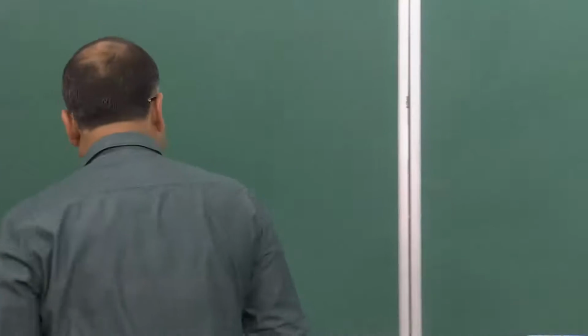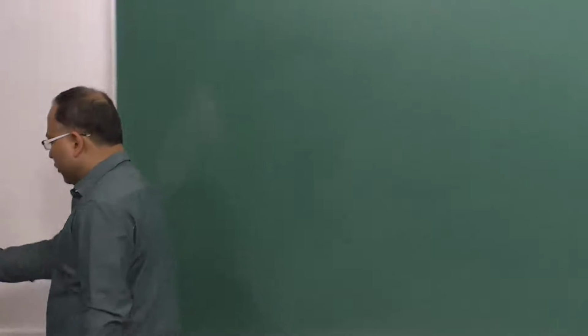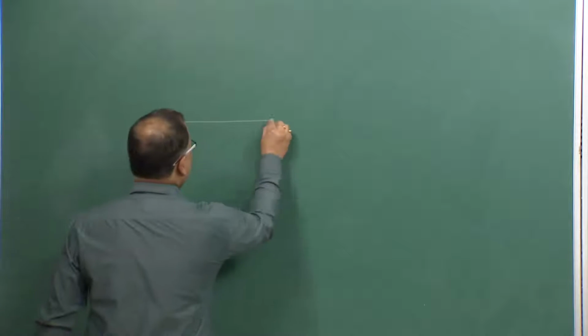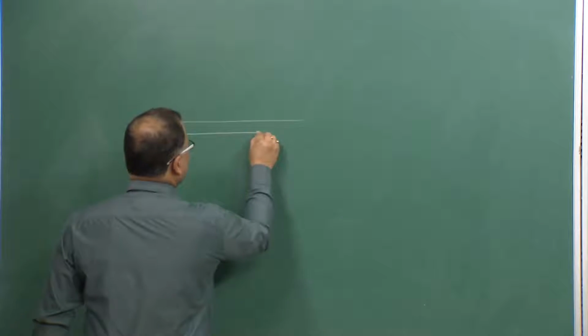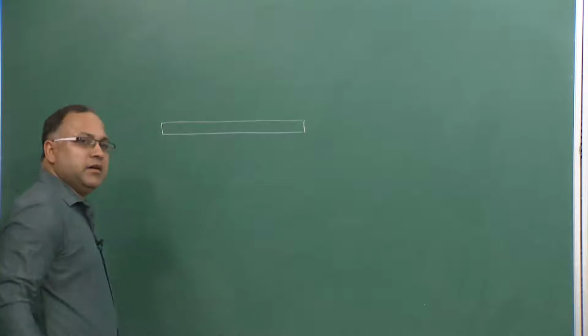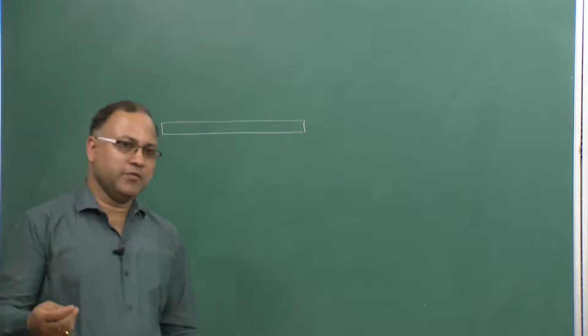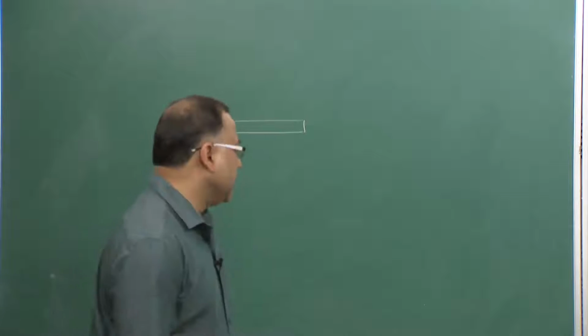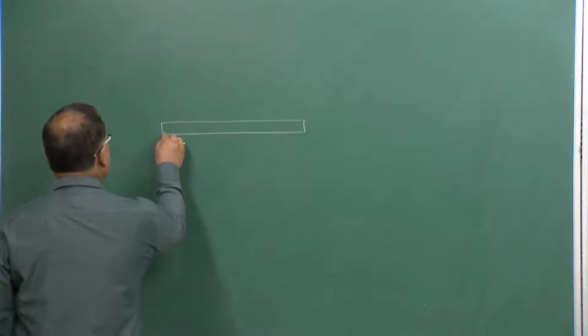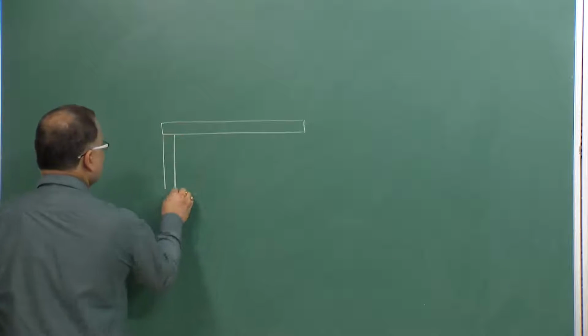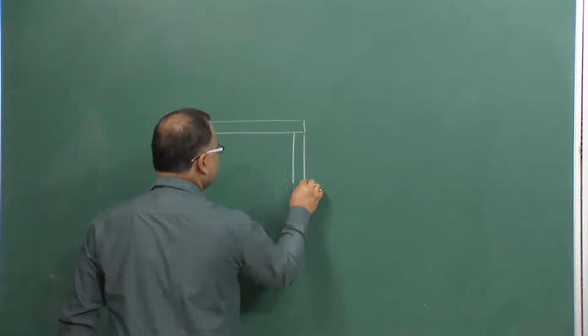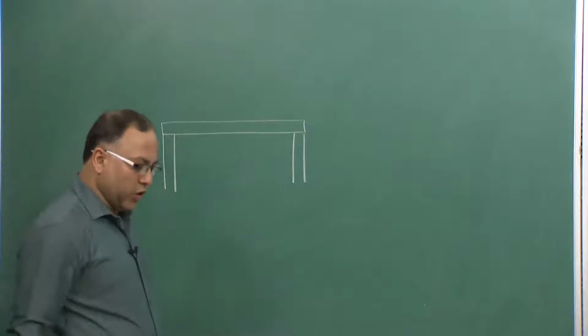For example, a beam that you generally see in different civil engineering structures will be supported on columns.